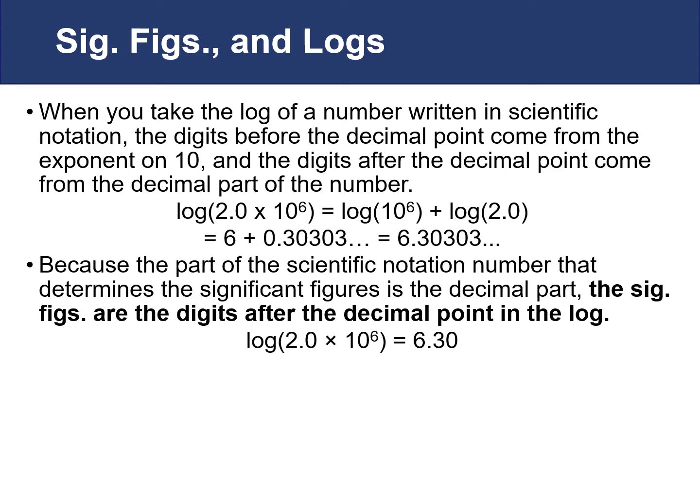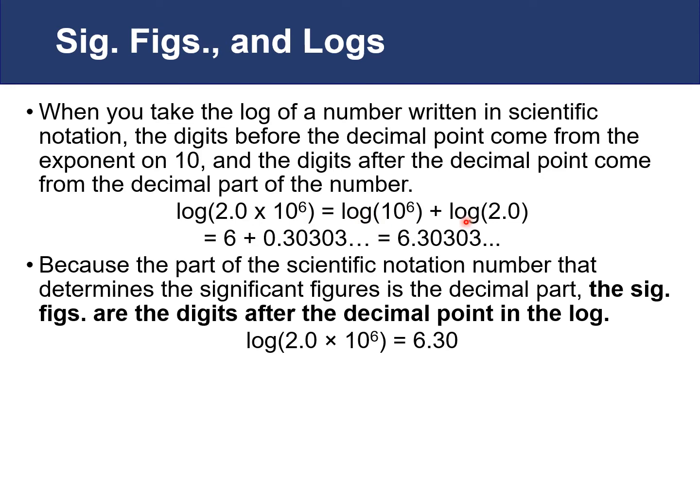The rule for significant figures with logs is that when you take the log of a number written in scientific notation, the digits before the decimal point come from the exponent, and the digits after the decimal point are the part that form the number. So if we took the log of 2.0 times 10 to the 6th, the rule of logs is that if we take the log of two numbers multiplied together, that's the same thing as taking the log of those two terms independently and adding them together.